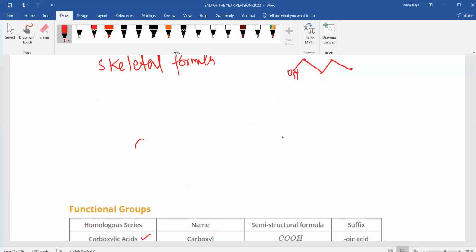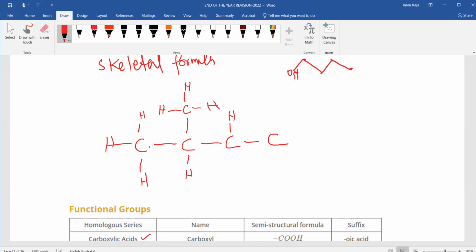First of all, it's butanol, so you need to draw 4 carbons. It is 2-methyl, so you need to draw another carbon here and make a methyl branch. Even for branches, you need to show all the bonds. Now, all the single bonds are shown. That is the structural formula of 2-methyl butanol.